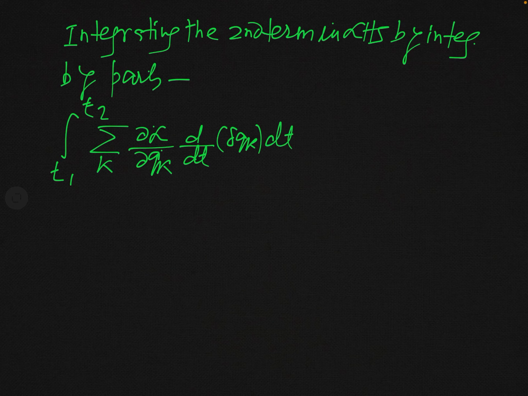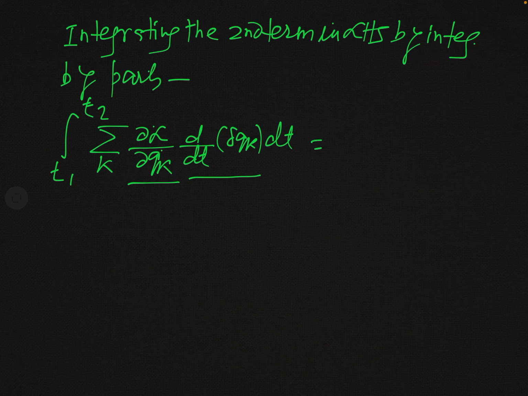As I have told you, we will treat this del L by del qk dot as the first function and d dt delta qk as the second function. So now let us apply the formula for integration by parts.